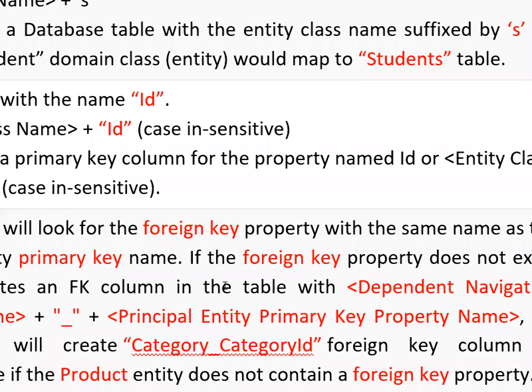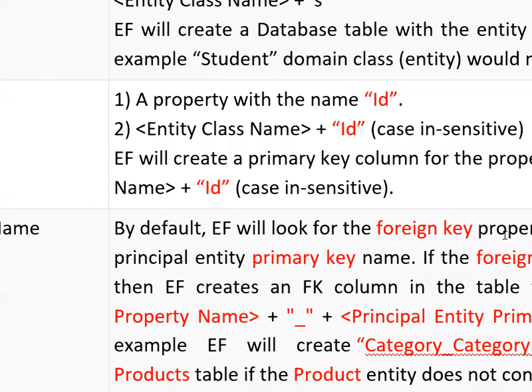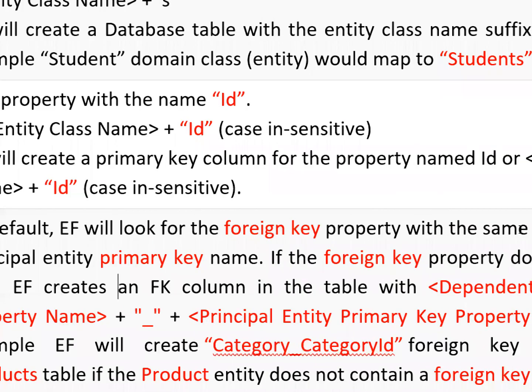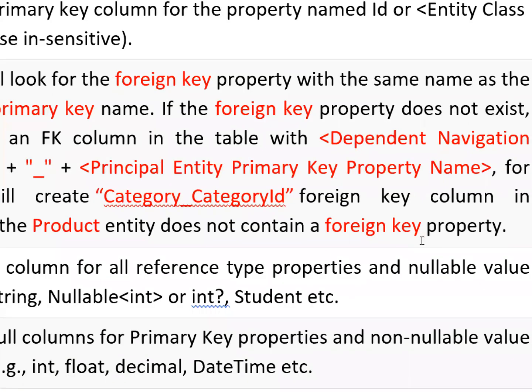Navigation property name underscore principal primary key property name. For example, Entity Framework will create Category_CategoryID foreign key column in the Products table if the Product entity does not contain a foreign key property. What I mean to tell is, listen.